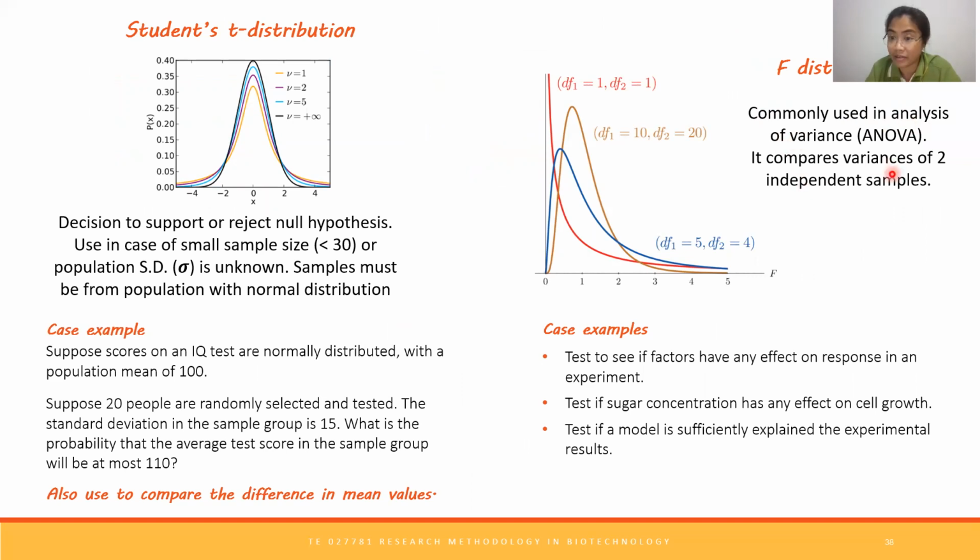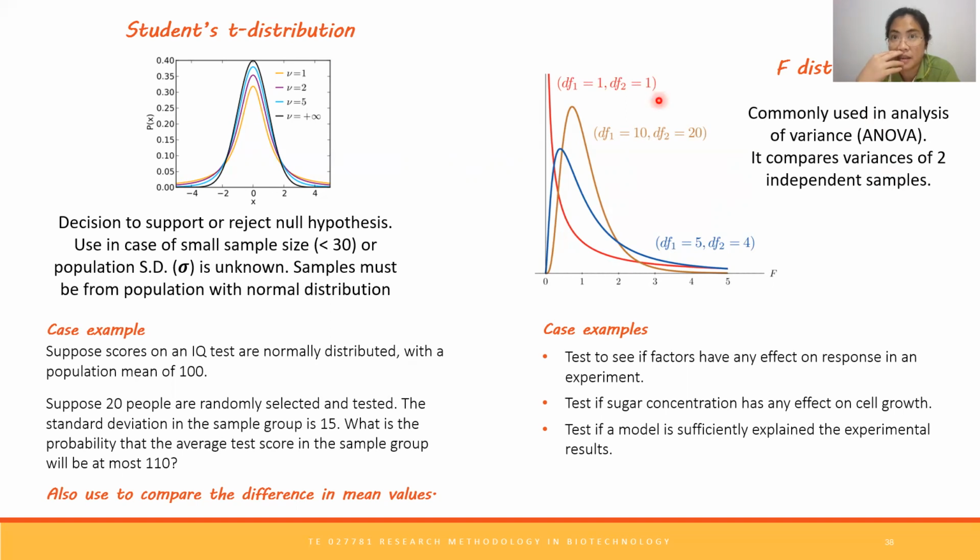It compares the variances of two independent samples. So they don't compare the mean, they compare the variance of the two independent samples. When we are doing the F distribution, it normally involves 2 degrees of freedom.